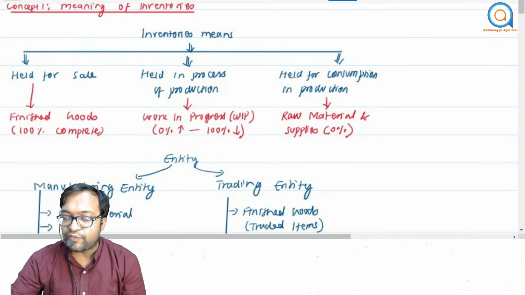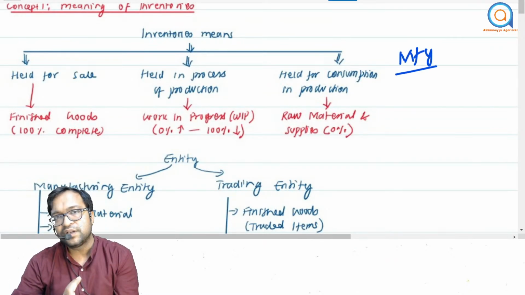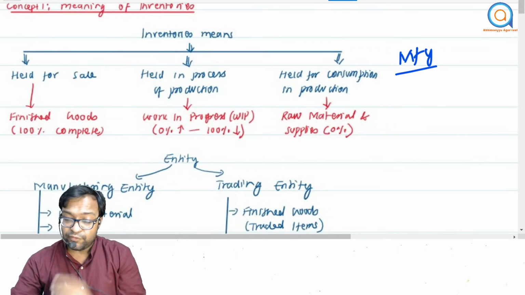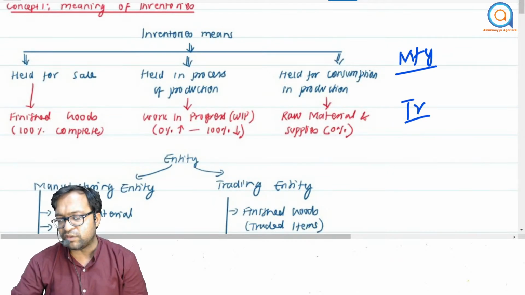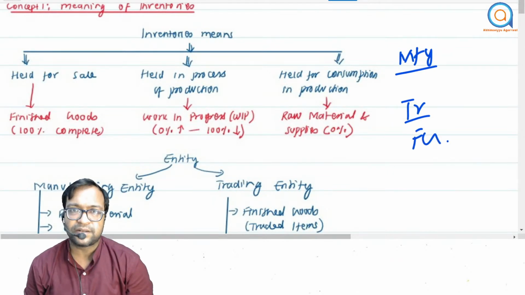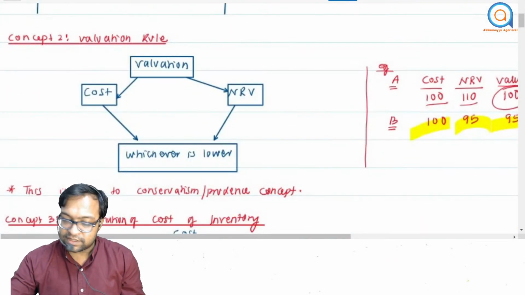If you are a manufacturing concern, then you can have all three types of stock. But if you are a trading concern, then you will not have raw material and WIP. You will only have what? Finished goods, sir. Correct, sir? Yes, this much is fine.